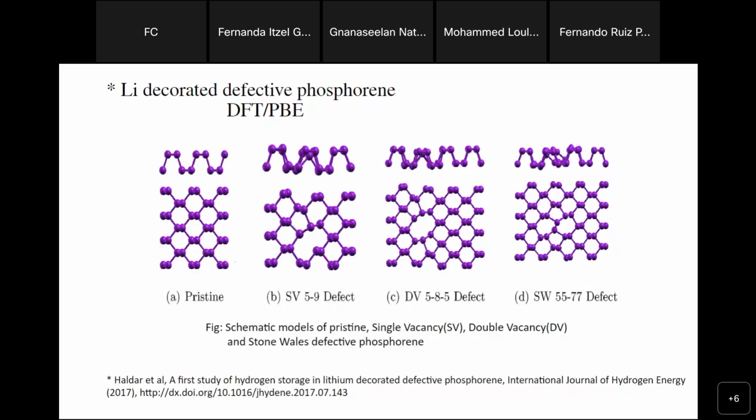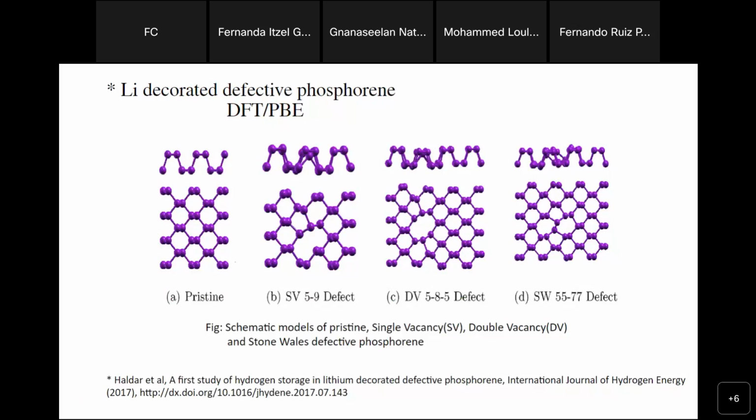In order to improve the bending energy and the hydrogen properties of the phosphorene, we proceed by creating defects in phosphorene and decorating the system with lithium atoms.